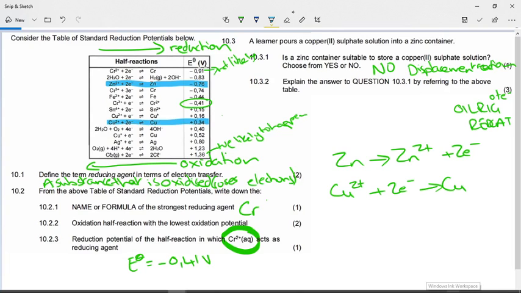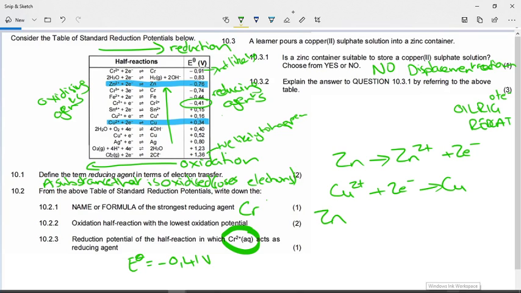So if we look at this table, what did we find on this side of the table? We found on this side the reducing agents, because they are oxidized, and on this side the oxidizing agents.